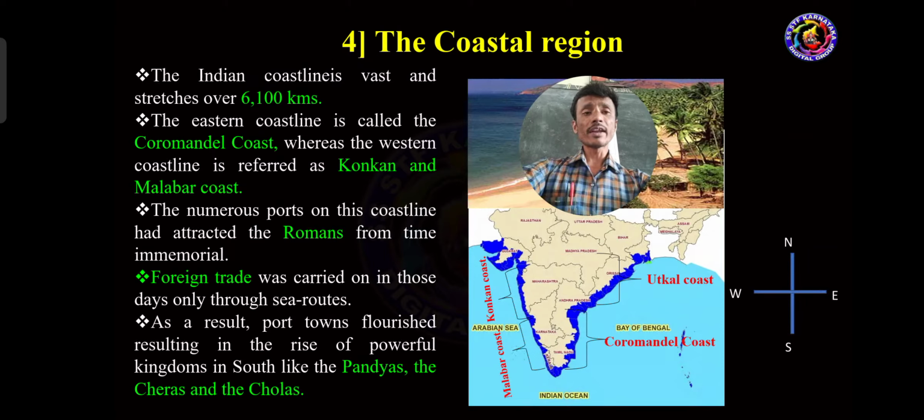When trade developed very well and became a success, it led to the establishment of important dynasties like the Pandyas, Cheras, Cholas and some others. All this credit goes to the coastal areas.